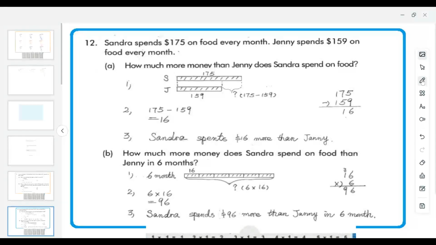From the diagram, we can see, okay, this much is more than Jenny. So 175 take away 159. It's here, right? This is the question mark, is this much.